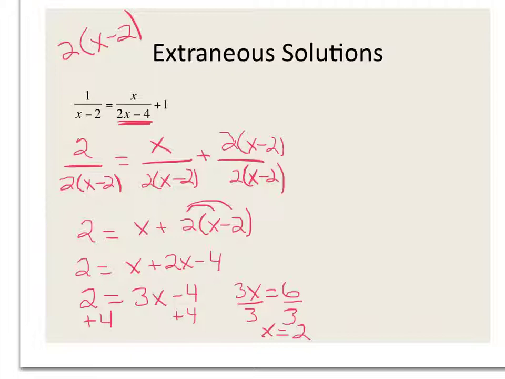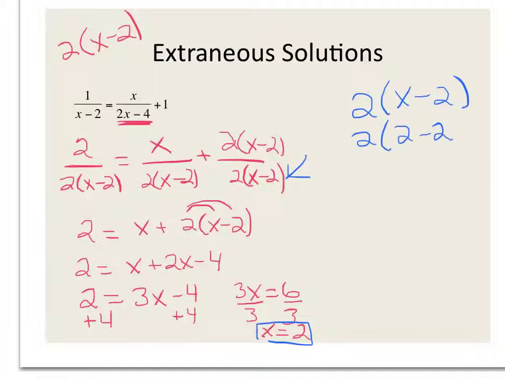Well, look what happens when I plug in my solution into my denominator. I get 2 times x minus 2, which is 2 minus 2, which gets me 2 times 0. Oh no, that doesn't work. I can't have a 0 in the denominator.